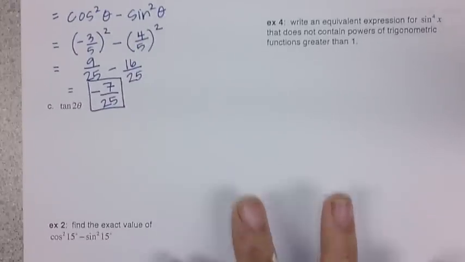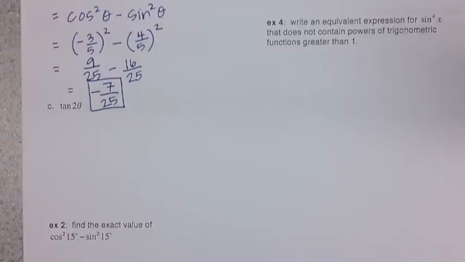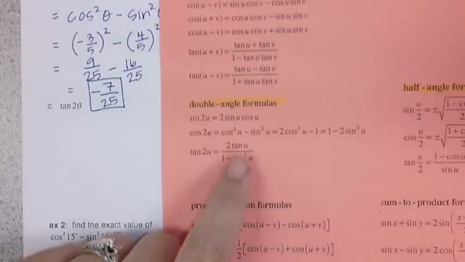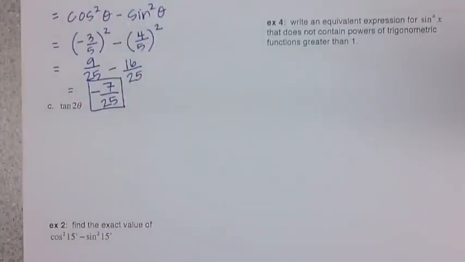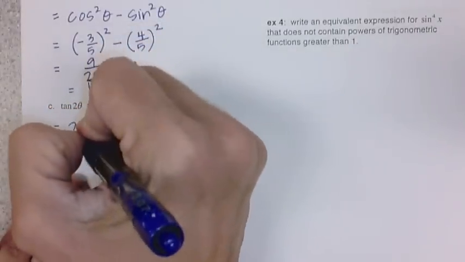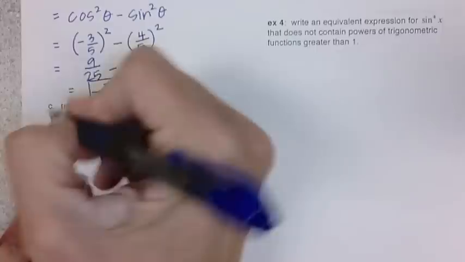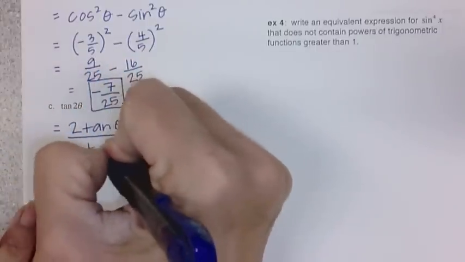Moving on to part C, tangent 2 theta. So tangent 2 theta, you can just take it right from the sheet. It's right there, 2 tangent theta over 1 minus tangent squared theta. So we go 2 tangent theta all over 1 minus tangent squared theta.